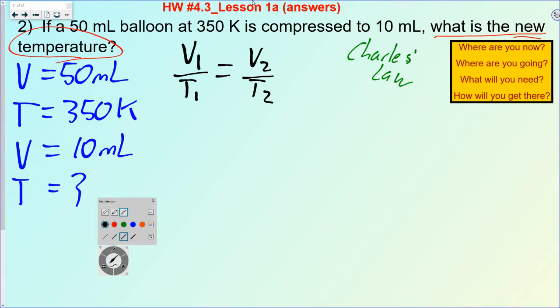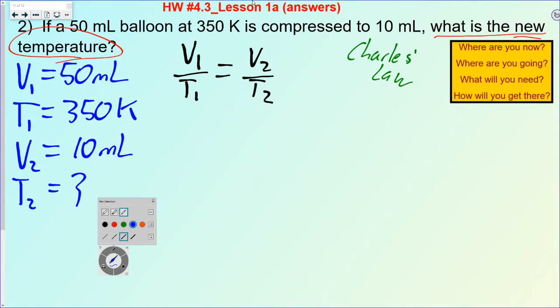We have to read the question again to figure out which one's V1 and V2 and which one's T1 and T2. Based off of reading it, we know that there's a new temperature that will result from a change. That's going to be T2. And there's a volume associated with that. If the gas is compressed to 10 milliliters, what's the new temperature? So 10 milliliters goes along with T2. You can also then from there figure out that the V1 and T1 are those top two numbers.